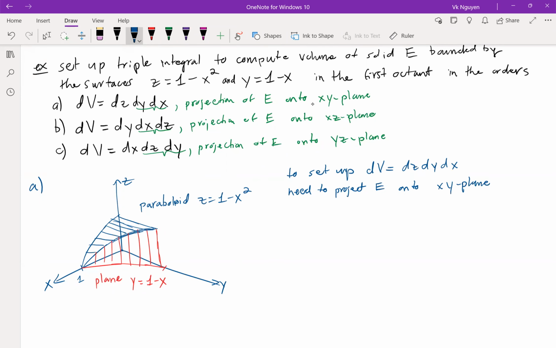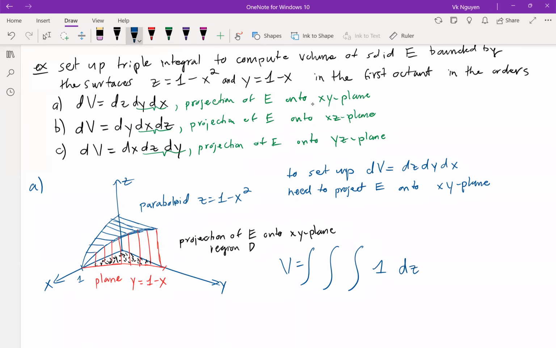As you can see, the projection of E onto the xy plane is this region D right here. The volume here is going to be the integral, not of 1, but of dz. z is the height, so the height goes from 0 to the paraboloid, 1 minus x squared, and then dy dx.